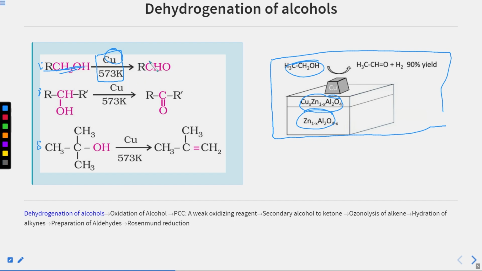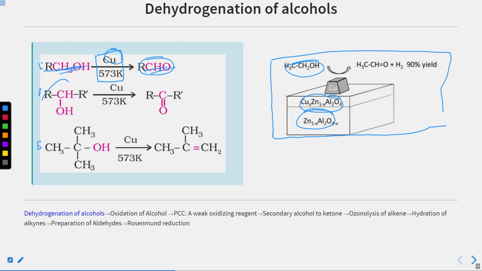Since it is a 1 degree alcohol, it will give aldehyde because the carbonyl group will be at the extreme end. I told you in the previous class that if the carbonyl group is at the extreme end, then it would be an aldehyde, not a ketone. Yes, it can be a carboxylic acid also, but that is a different case. Today we are only focusing on aldehyde and ketone. Therefore it will give aldehyde.